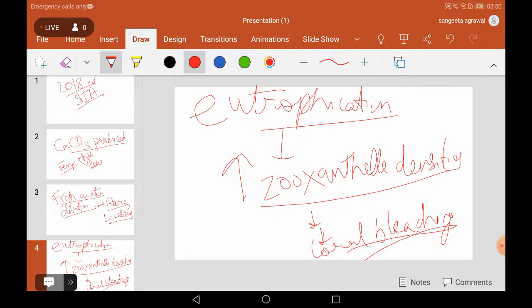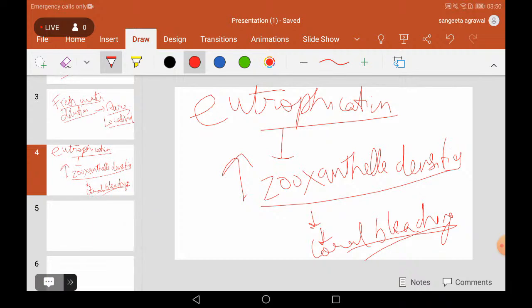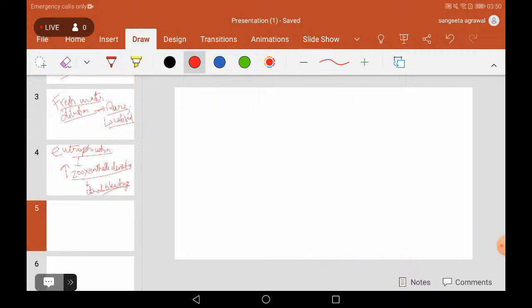Next, xenobiotics, that is exposure of the coral to elevated concentrations of various chemical contaminants. Xenobiotics are chemicals, contaminants like copper, herbicides, and oil. Remember, xeno means foreign, right? Xenotransplant is the transplant of different species, and here we are talking about xenobiotics.